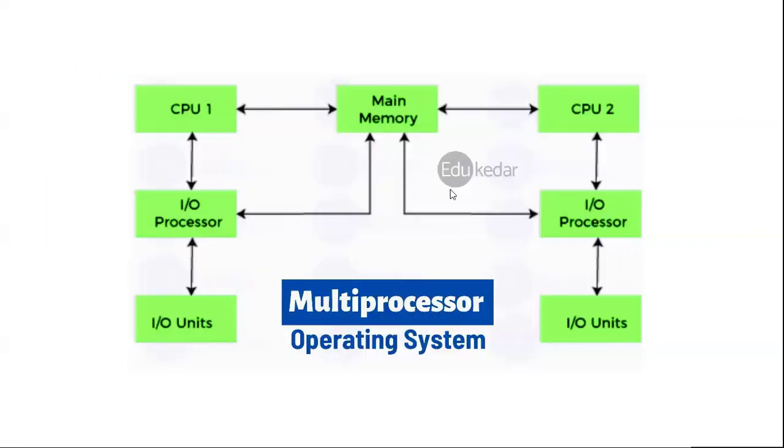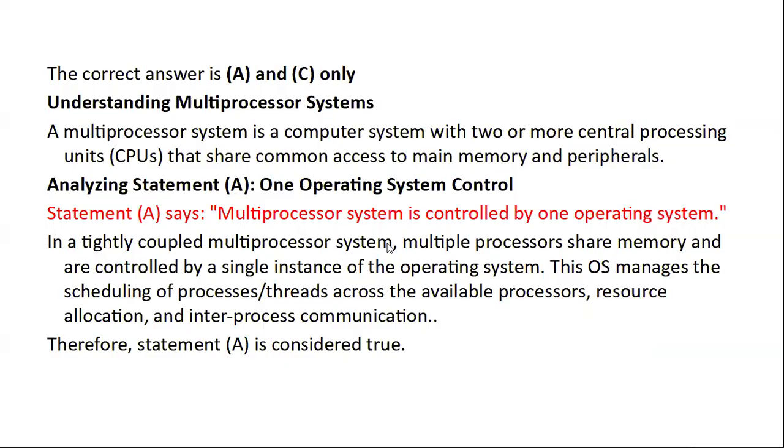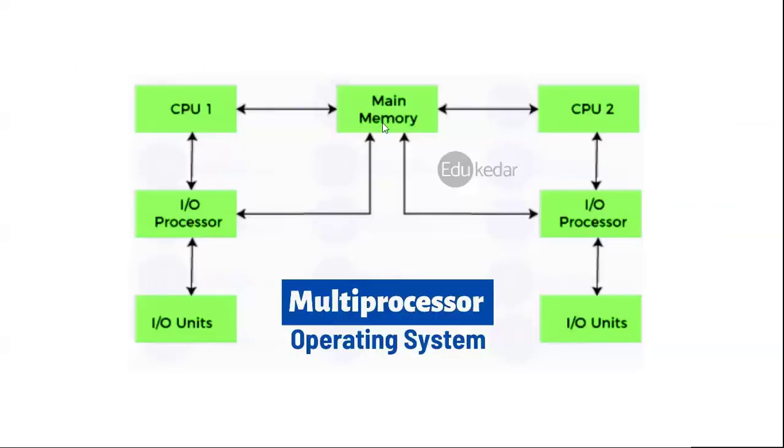A multiprocessor system is a computer system with two or more central processing units, that is CPUs, that share common access to main memory and peripherals. That is what I represented in this picture. You can see multiple CPUs arranged here, and different IO units. They can access common memory together. This CPU is accessing the main memory and the second CPU is also accessing the main memory.